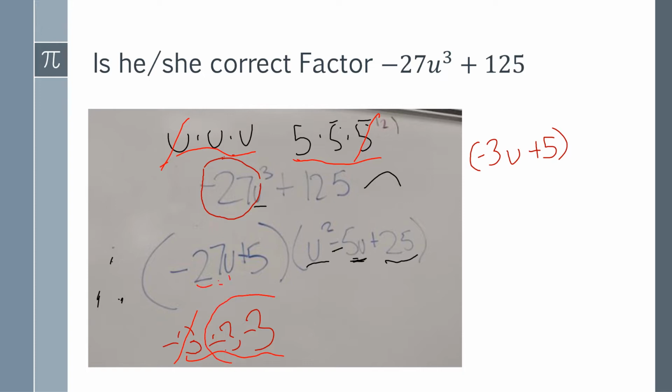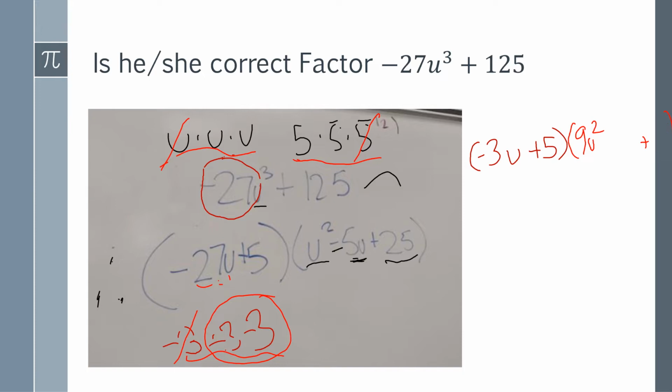So negative 3 times negative 3 is what? Two negatives make a positive, so it's positive 9u squared. And in the far back, we're going to get positive 25.